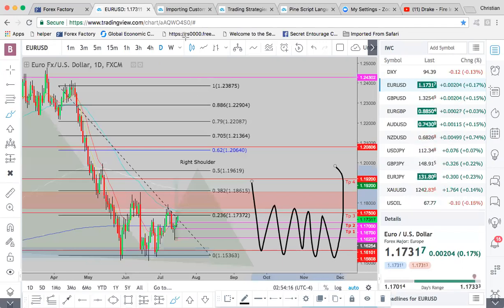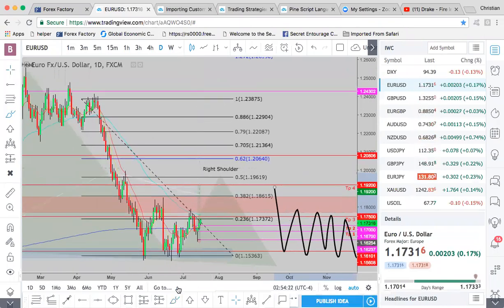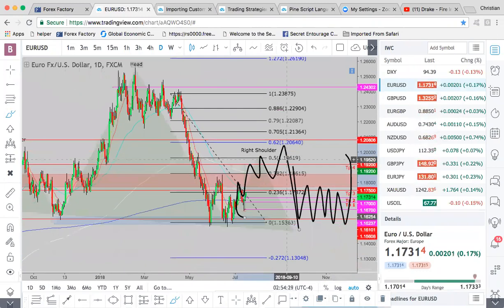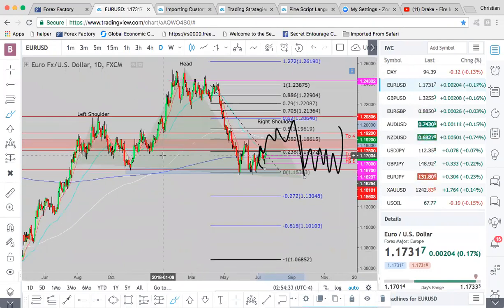We're not breaking, right? It's not failing. So let's build up momentum to break the low. And then if that forms, that's going to give us a nice big right shoulder pattern. Everybody following?